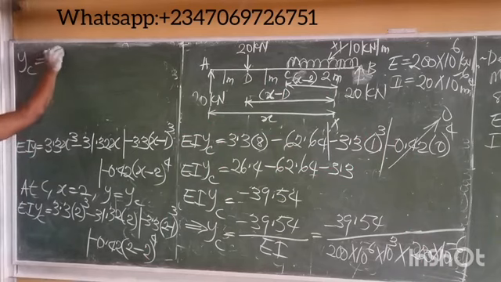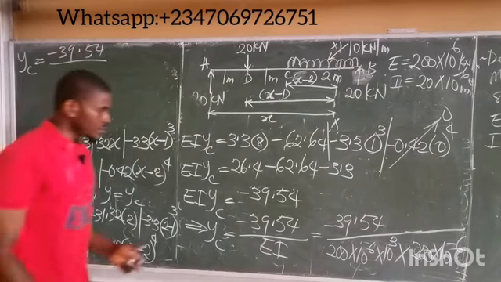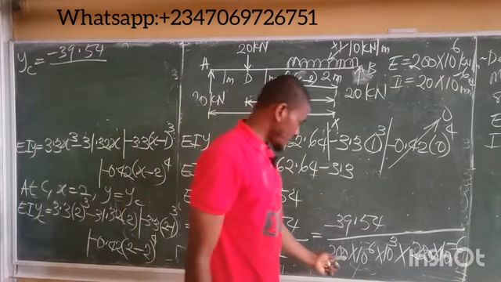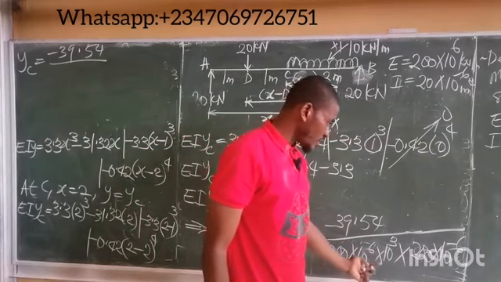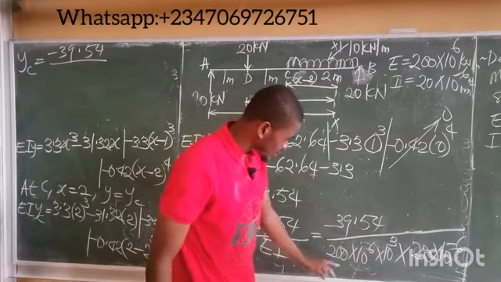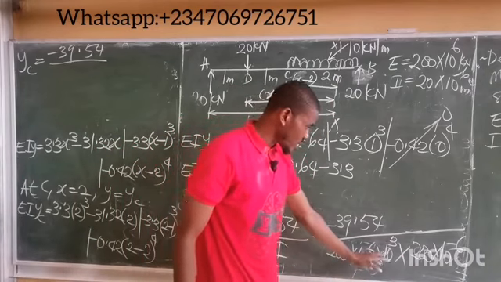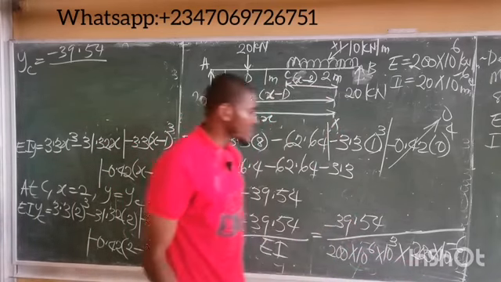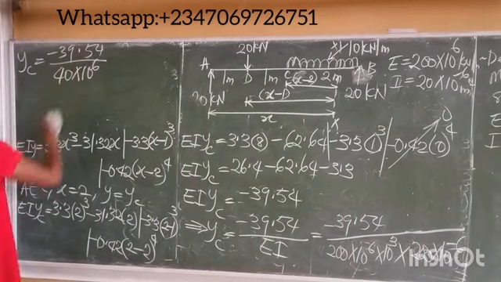So yc is now equal to minus 39.54 all over 200 exponential 6 multiplied by exponential 3 multiplied by 200 exponential minus 6. That simply gives us 40 million, which is 40 by 10 to the power of 6.